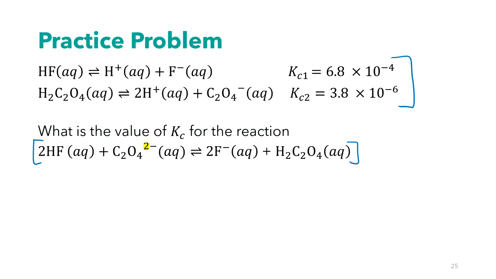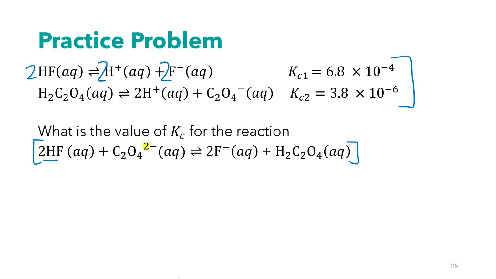So when you get a question like this, I want to know this, and I need to put it in terms of two equilibrium constants I already know. So I have to figure out how I can use those two reactions to make the final reaction. What I would notice here first is that on my reactant side, I have two HFs. In the reaction up here, I only have one HF. So I think I probably need to multiply through by 2. Right? Because in my final reaction, I need 2 HFs.